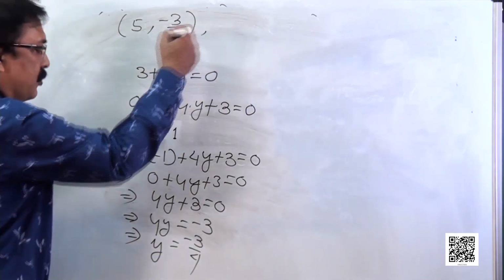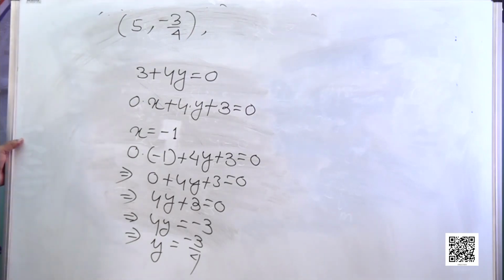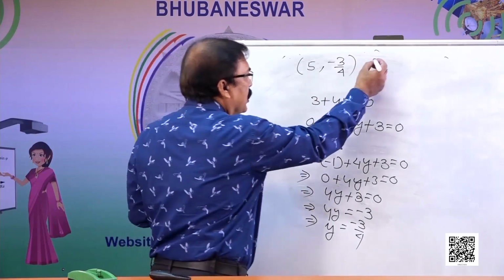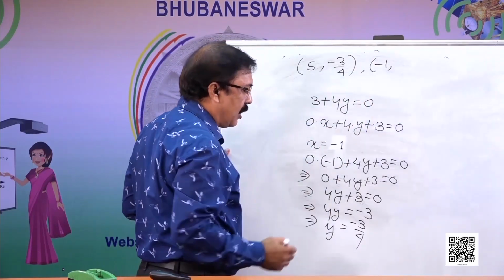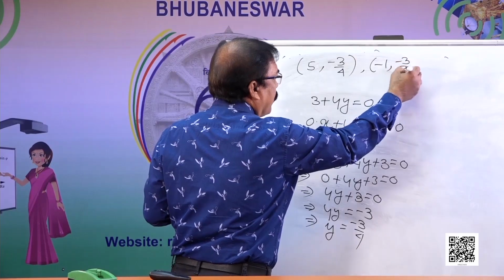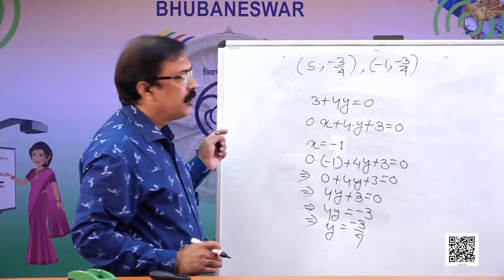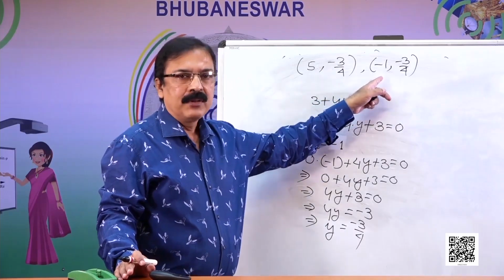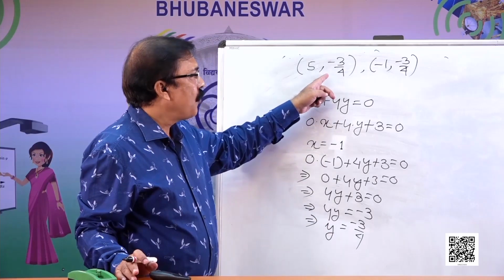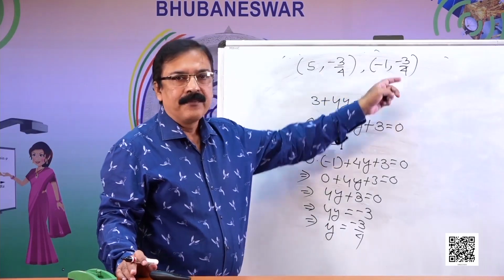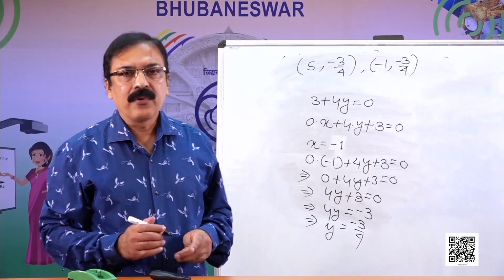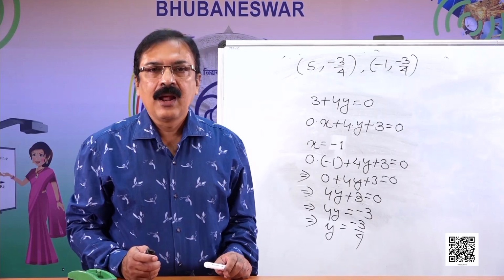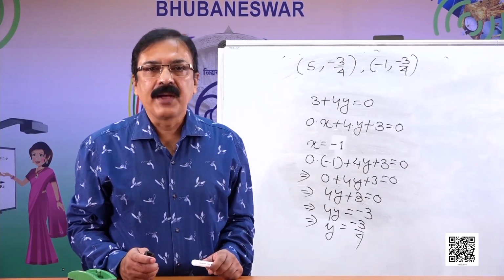Then what will be the solution here? The solution of this linear equation in two variables is like this: minus 1 and minus 3 by 4. So you see, in this case, whatever be the value of x, the value of y always remains the same, that is minus 3 by 4. This is the beauty of this equation as a linear equation in two variables.